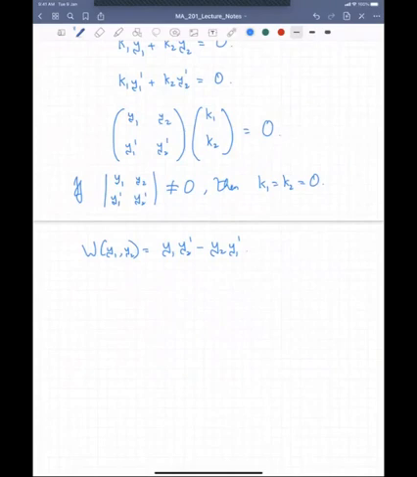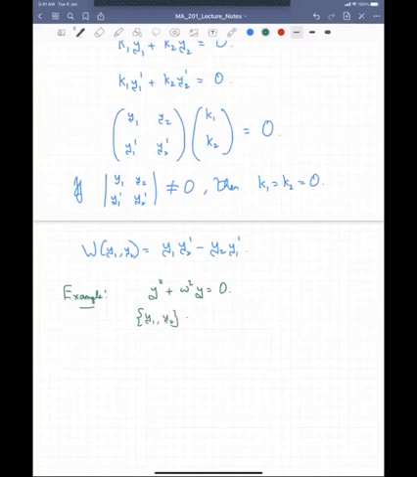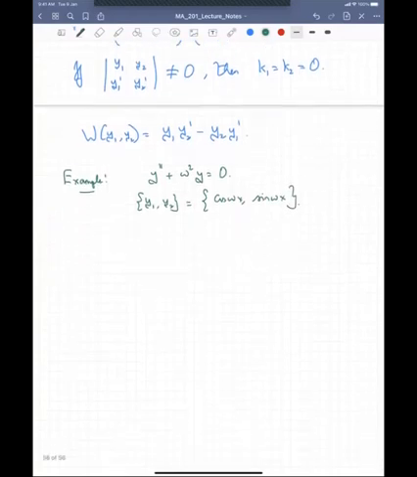So let us actually do an example. Let us consider the two solutions of the equation y double prime plus omega square y equals 0. The two solutions, y1 and y2, are cosine omega x and sine omega x. Let's put them in a matrix with the upper row populated by y1, y2 and the lower row populated by the derivatives of y1 and y2, and take the determinant.